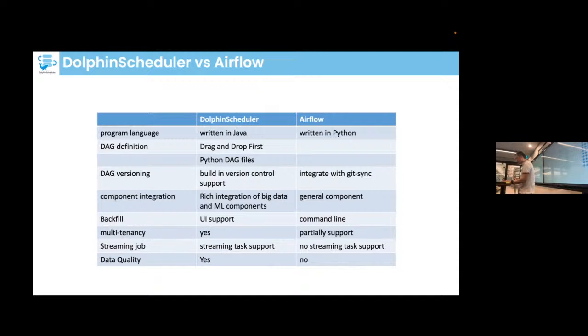Then you can check the workflow instance. Here you can see that the task already finished. Then you can see the log. You can double click, and then you can see the log here.